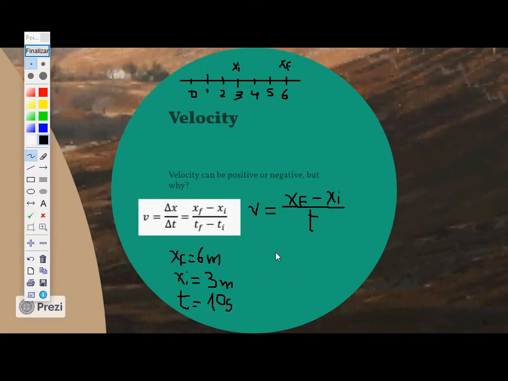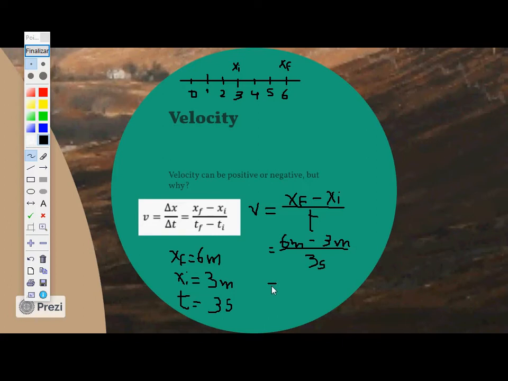So I replace all the data in the formula, and here I'm going to have 6 meters minus 3 meters divided by, I'm going to change this number, 3 seconds looks better, divided by 3 seconds.